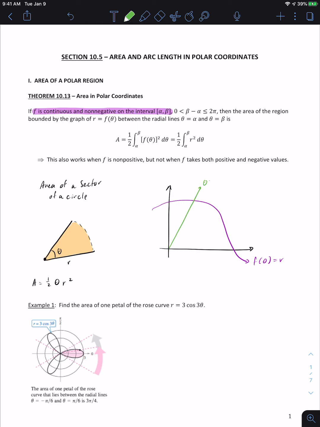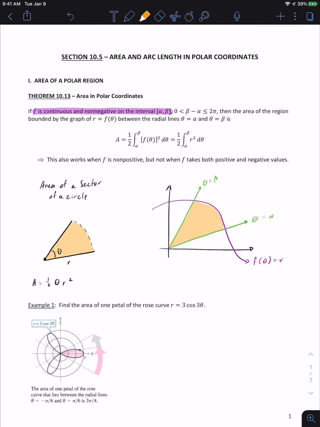Say this is theta equals alpha, and this angle here is beta. I'm trying to find the area that is bounded by these lines. So say I want to find that total area.